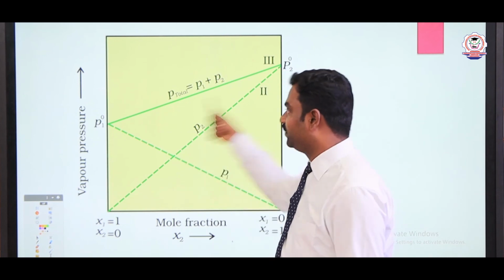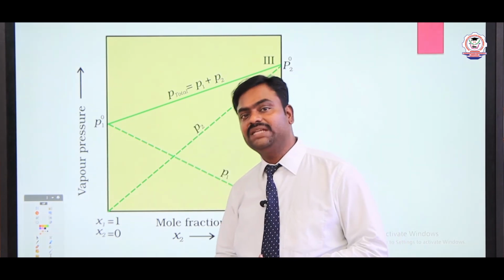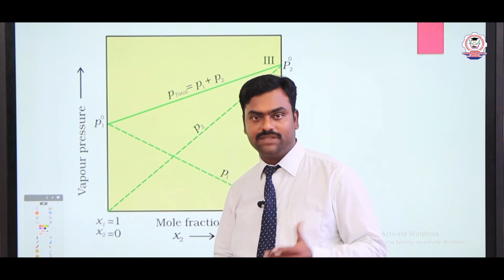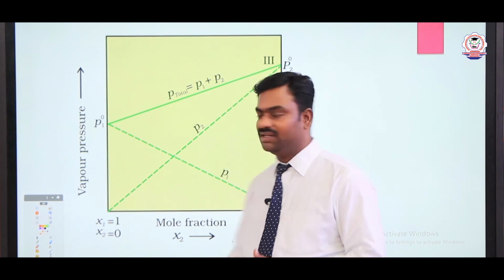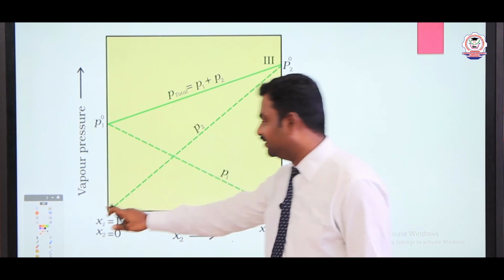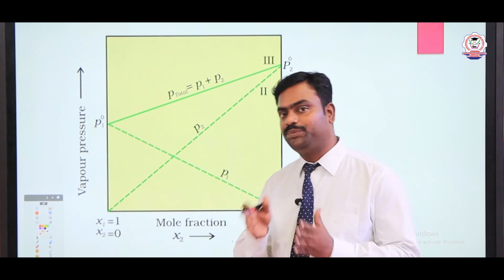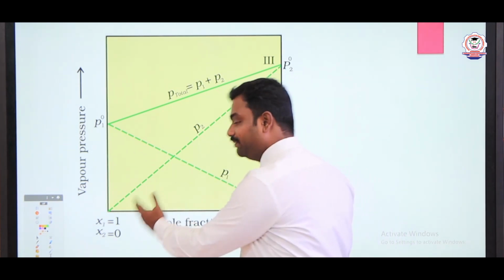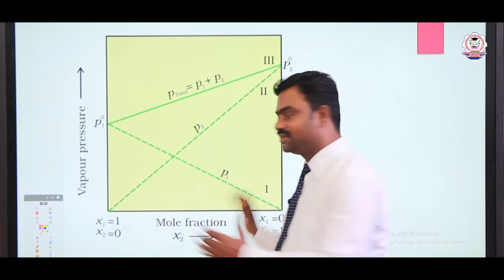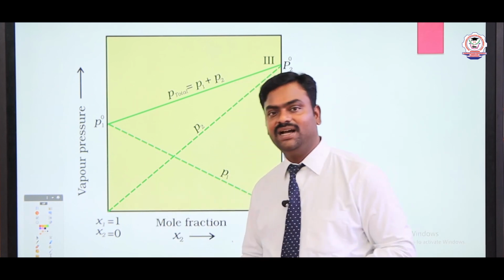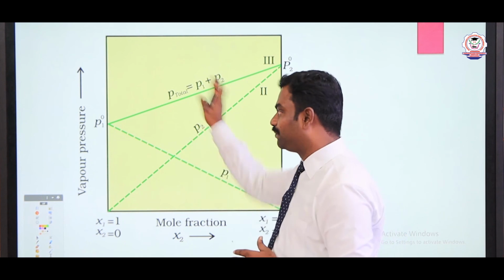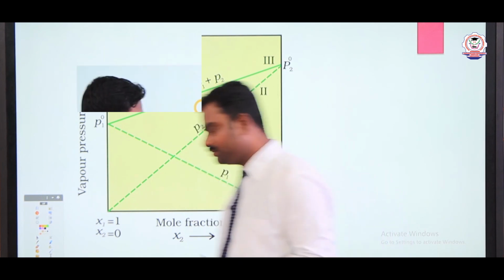When you connect them, we get the line for P total, the total pressure, which is equal to PA plus PB. This applies for solutions. These two positions are for pure solvents, but in between them we are seeing the solutions.